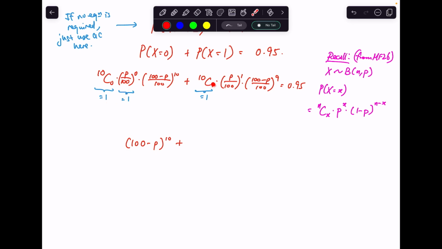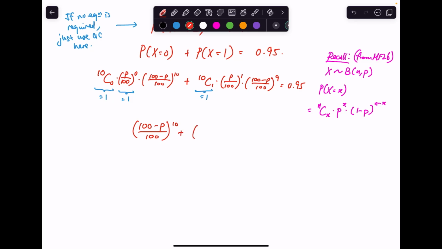But of course, let me still clean up these parts which are equal to 1. Okay, so I'm going to write it like this. Sorry, should be in red. (100 minus p) over 100 to the power of 10 plus p over 100 times (100 minus p) to the power of 9, and then the 100 below is to the power of 10.